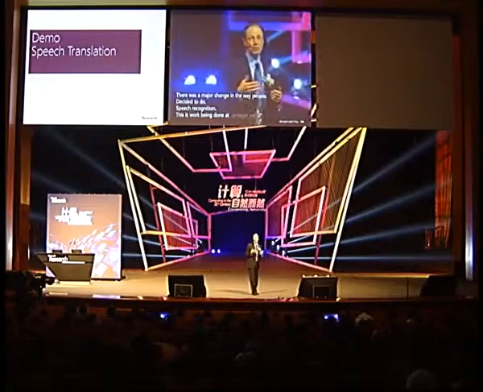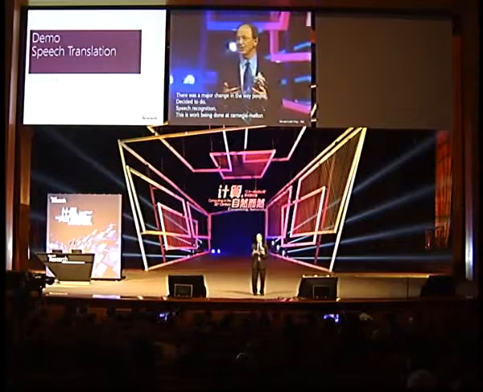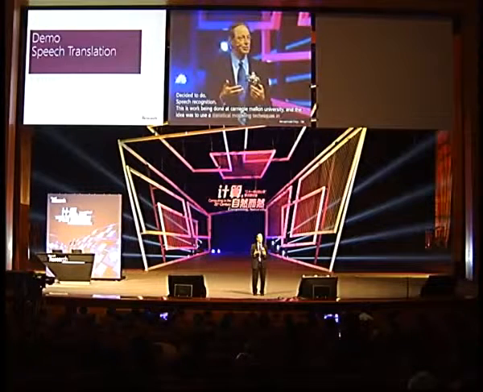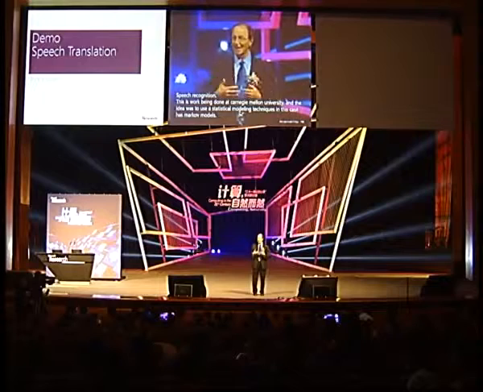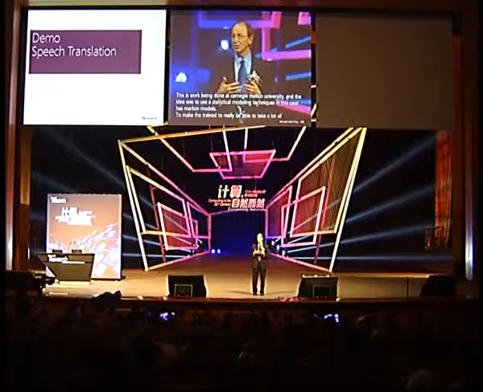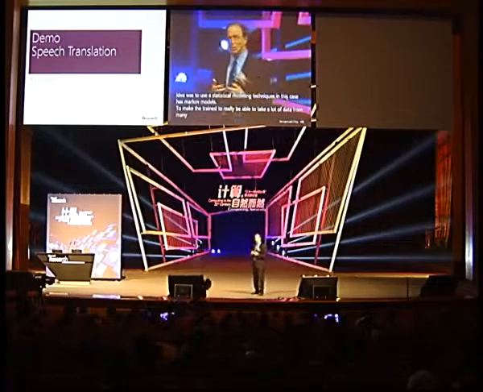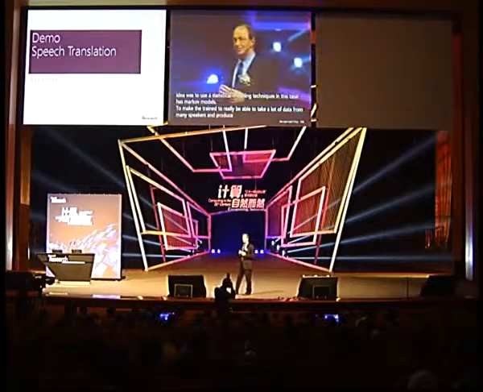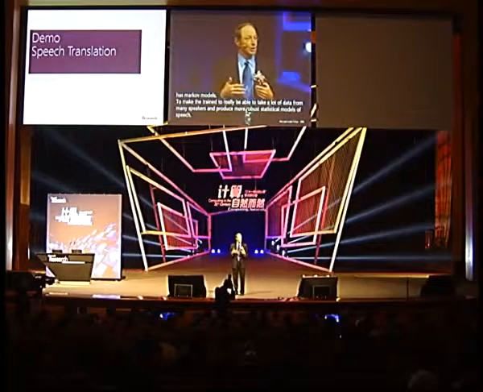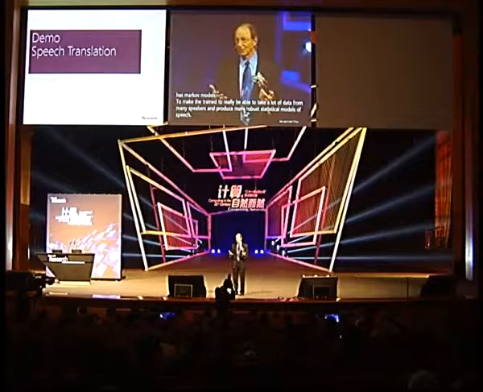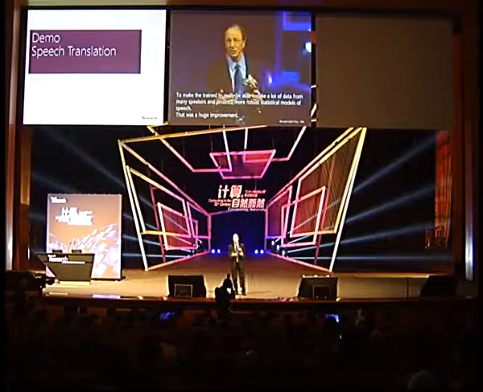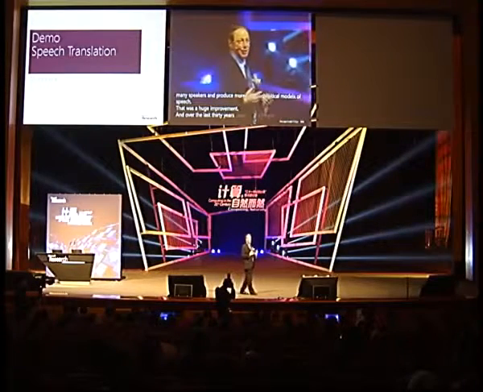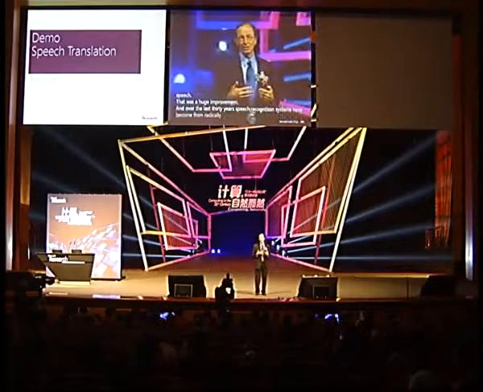And the idea was to use a statistical modeling technique, in this case hidden Markov models, to be able to take a lot of data from many speakers and produce more robust statistical models of speech. Now, that was a huge improvement. And over the last 30 years, speech recognition systems have become dramatically better than they used to be.